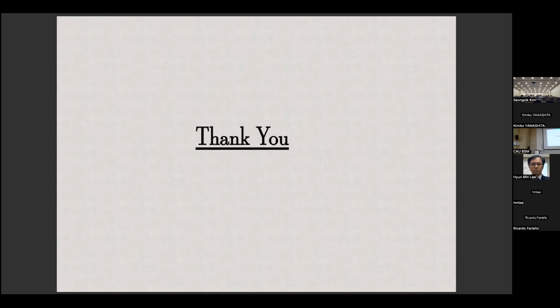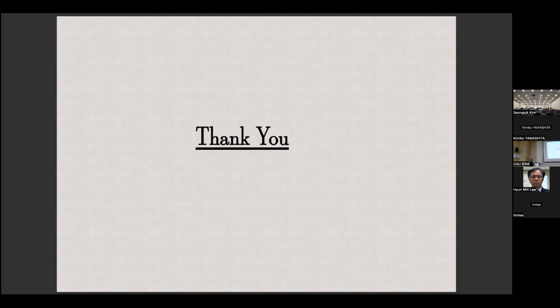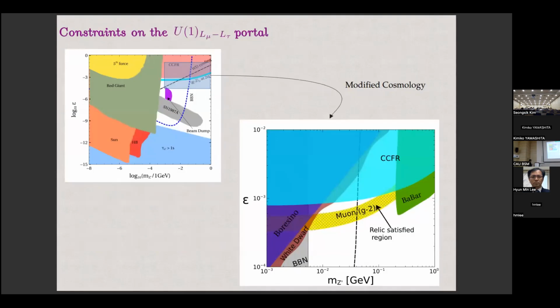If we do not consider this at the tree level, it can still induce loop-level mixing between the Z prime and the photon and the Z. That we have considered, because for these bounds, the white dwarf bound is basically e plus e minus plasmon decays through standard model neutrinos. So e plus e minus to gamma, and there is a loop, and then Z prime, then two neutrinos. So we have considered this loop-induced mixing.